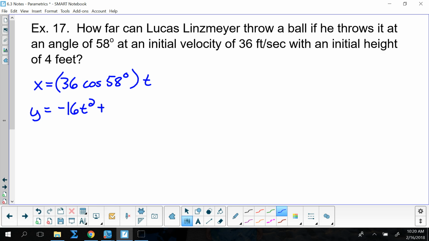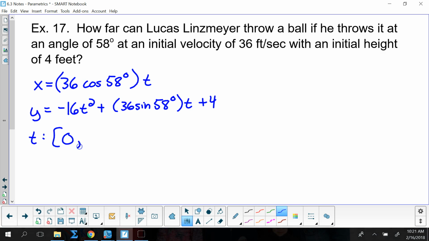Plus, anybody? 36 sine of 58 degrees times t plus 4. T values, 0 to, you put 4?